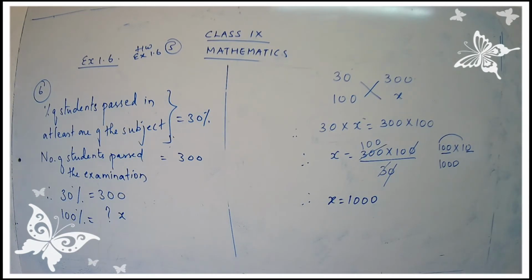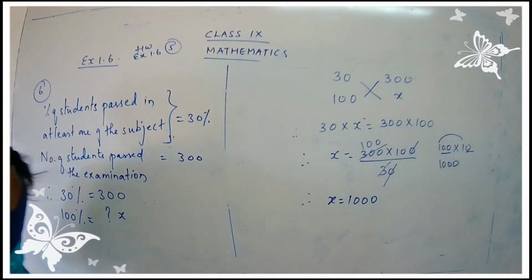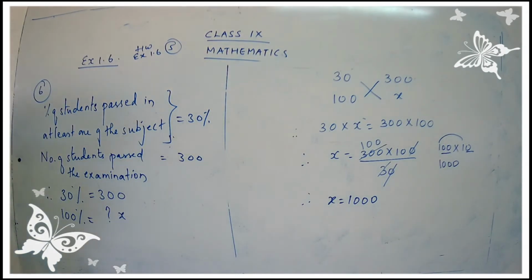Yes, so what is the value for x, children? The value for x is 1000. Now what is this x? X is the number of students who appeared in the examination. Total number of students. So totally how many children have appeared in the examination? Totally 1000 students appeared in the examination.